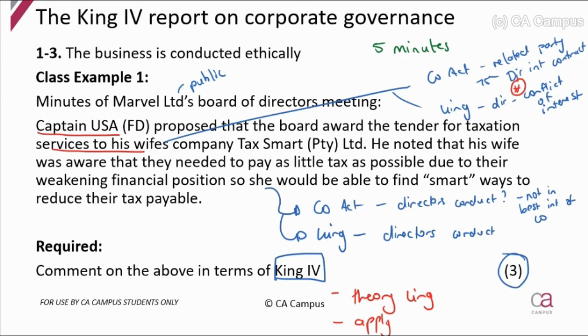Once again, director's conduct. I will first go and put down the fact that a director needs to act in the best interest with due care, in good faith. And then I will go and apply the fact that they potentially are looking to defraud SARS, for their company to pay less tax. So I apply that information to the theory.